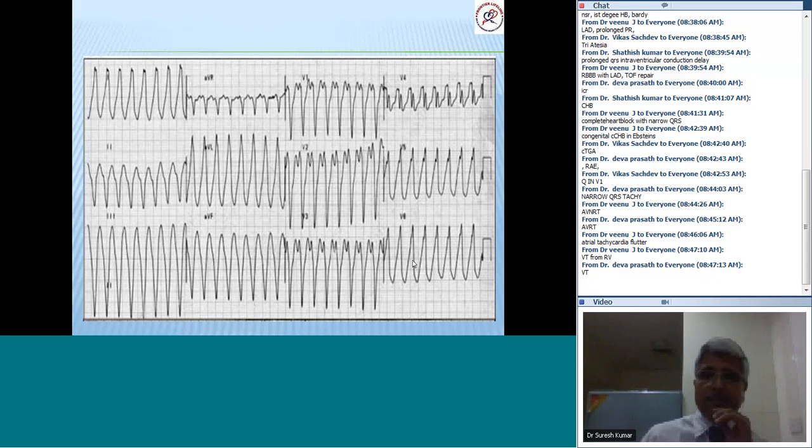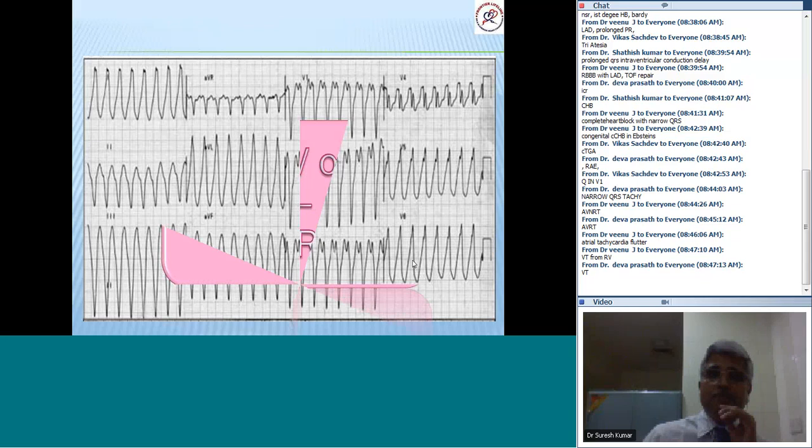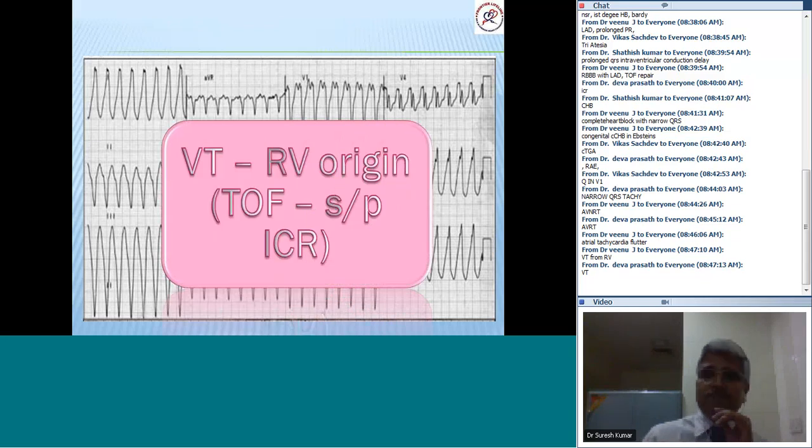So if you make out that it is a wide QRS complex tachycardia, with a left axis deviation and an LBB morphology, that is very suggestive of an RV origin tachycardia, and arrhythmogenic right ventricular dysplasia would also come in the differential diagnosis. Basically diagnosed as VT. In this particular case, it is a status post ICR in a tetralogy. Thank you. Any questions that you want to ask?